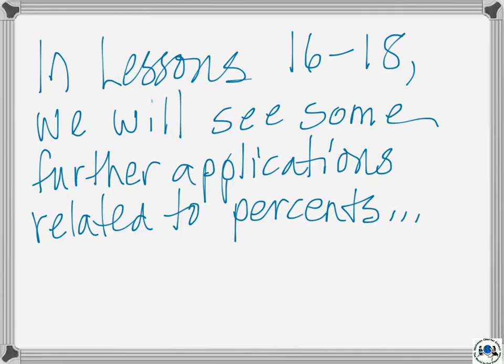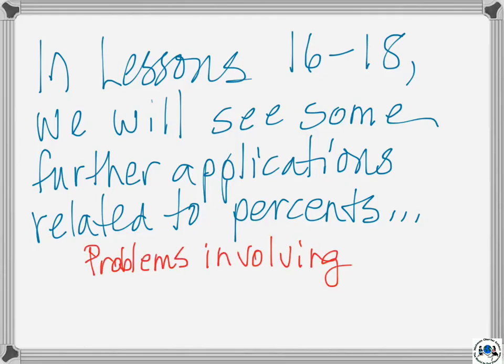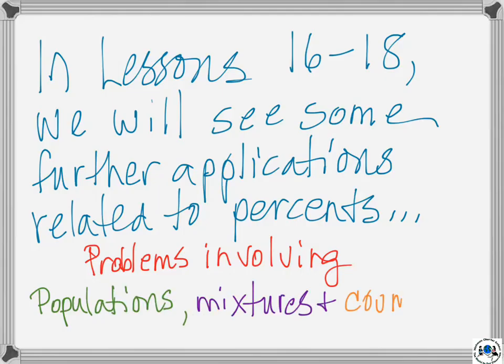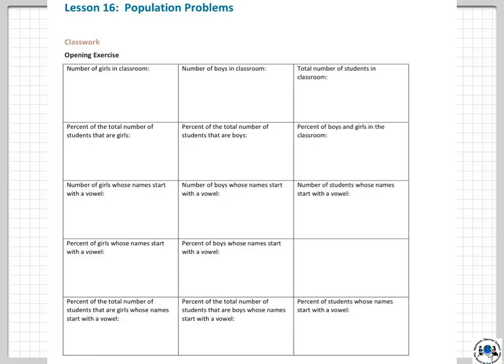But in 16 through 18, kind of an extension of what we've been learning thus far, we will see problems involving populations, mixtures, and counting. So that'll be Lessons 16, 17, and 18. Okay, so let's get right into it.